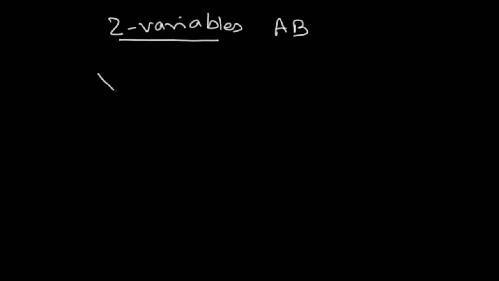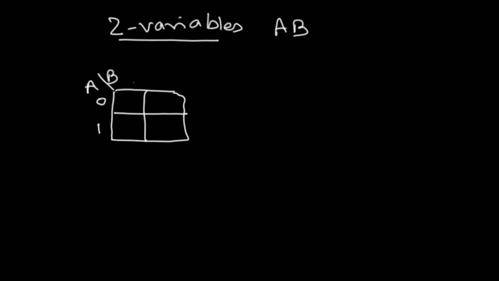So let's draw the K-map for 2 variables. We have 2 variables, A and B. So let's draw 4 cells for it. Let me explain how the 4 cells are going to look. A is one variable which can be 0 or 1. B is another variable which can be 0 or 1. So if we have 2 variables, the possibilities are 0 0, 0 1, 1 0, 1 1.